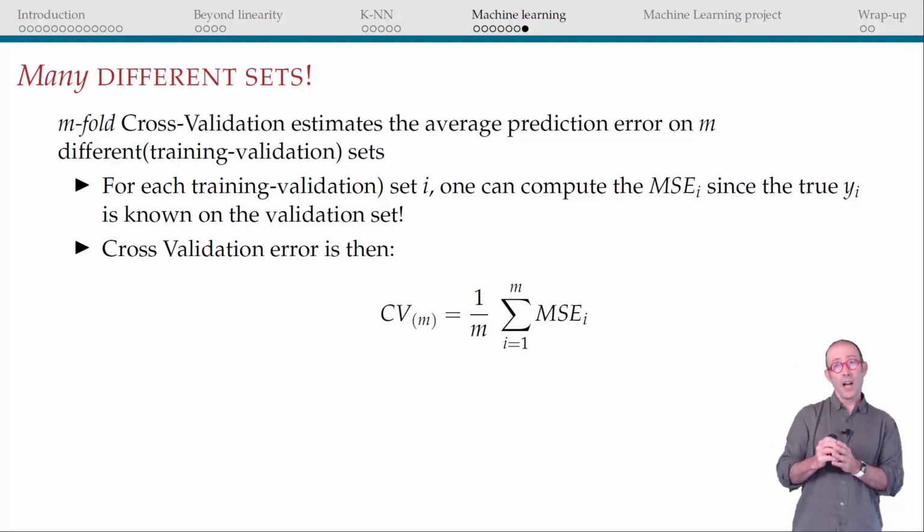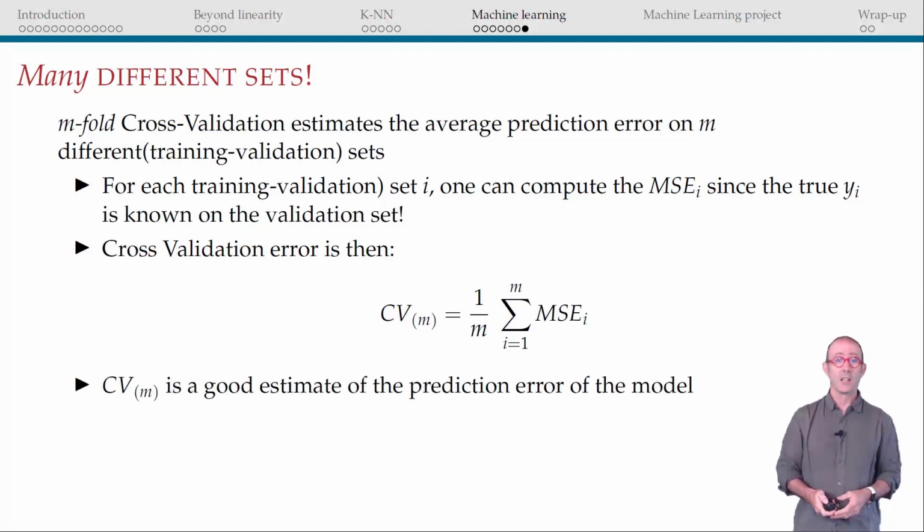Then instead of having only the mean square error for one set, you will compute this cross-validation error term here as the average of all the mean square errors you have observed. And this is how you will try to find the best model, by trying to find the model that minimizes this cross-validation error.